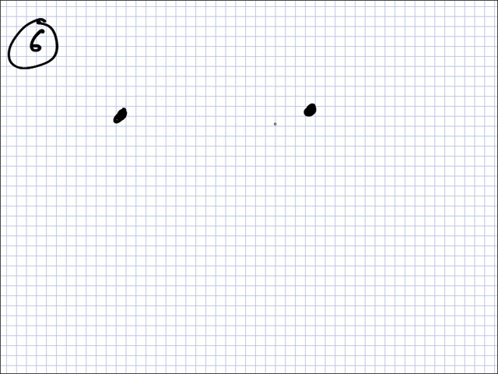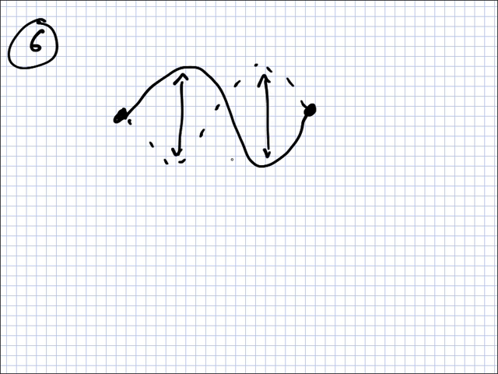Let me try again. I want 2 antinodes. There we go. So there's one antinode, there's another antinode. And by the way, that one there is a node. What else are they asking to draw in it?